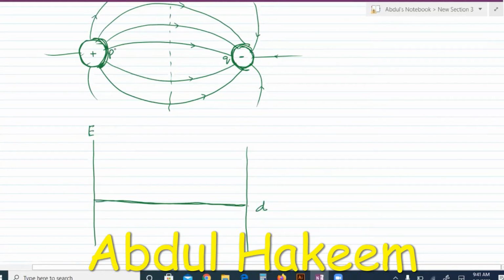Now at the surface, here at the R, electric field strength is maximum, directed towards the negative side, so it is maximum and positive. Here at the surface, it is maximum also directed in the same direction, so the direction is also positive.